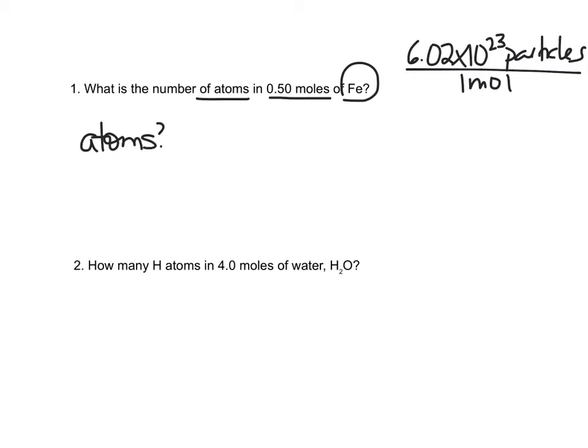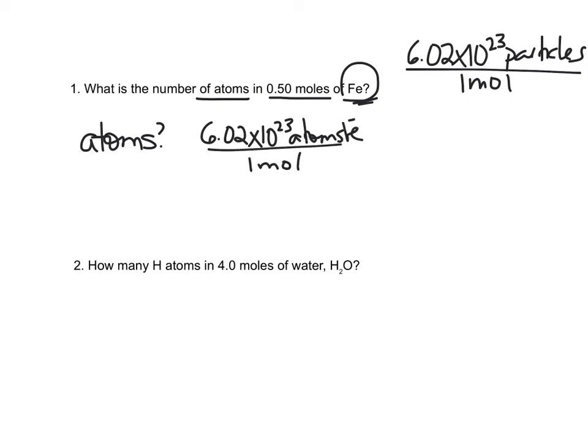So you start with a ratio that has atoms in it, and the atoms have to be on the top. So Avogadro's number, the particles, because it's the element iron, the particles are atoms. So 6.02 times 10 to the 23 atoms for every 1 mole.